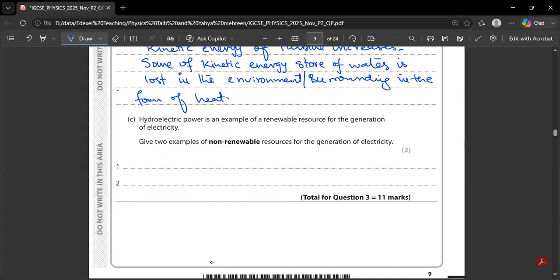All right. Now, hydroelectric power is an example of a renewable resource for the generation of electricity. Give two examples of non-renewable resources for the generation of electricity.